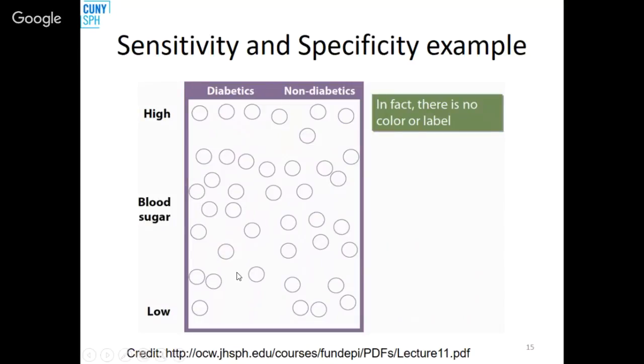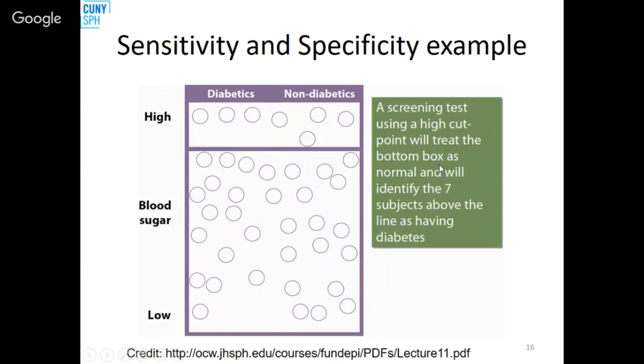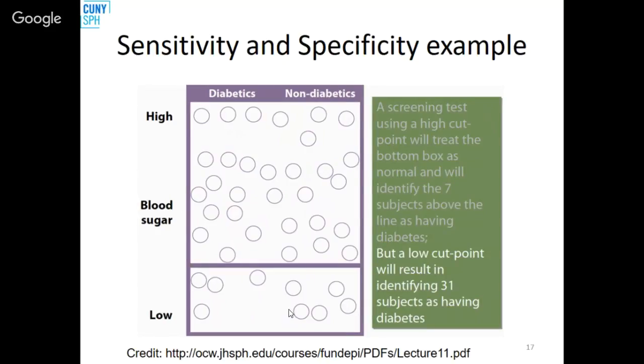You know, for a given threshold, how many you are calling diabetic and how many you're calling non-diabetic. And all we know is that for that high threshold, we called a few people diabetic.